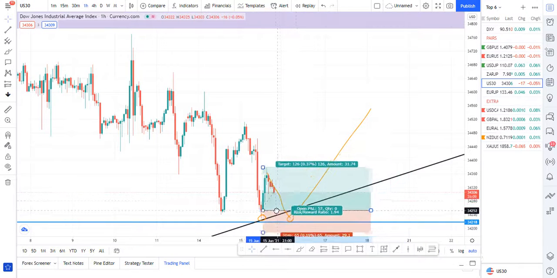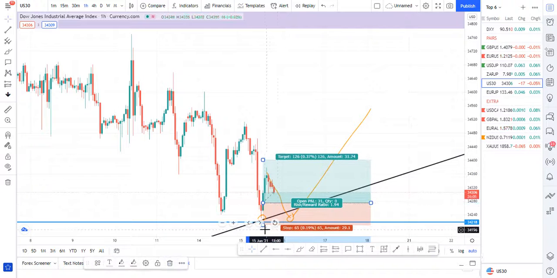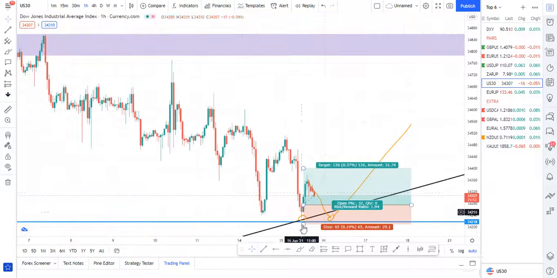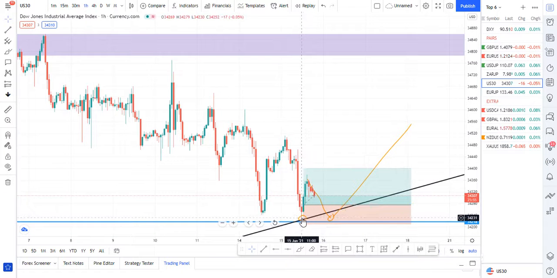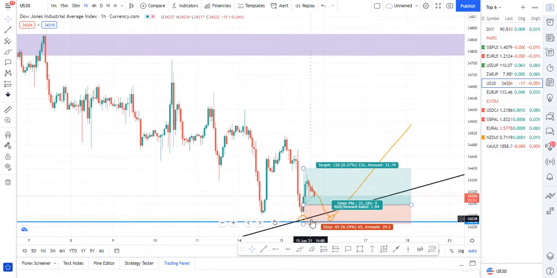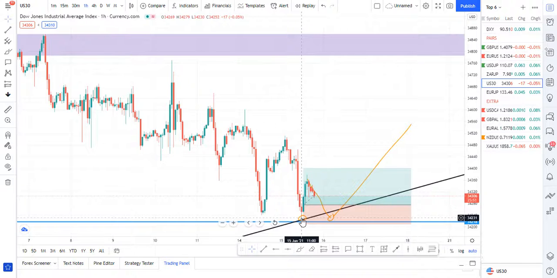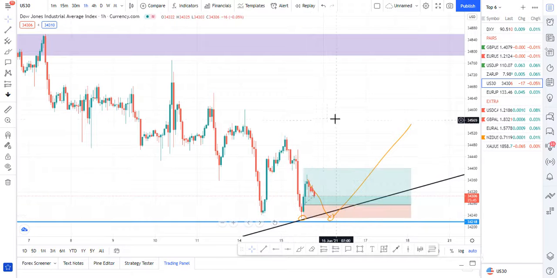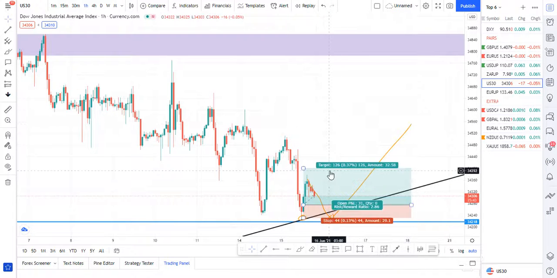I would have been able to enter here and leave a bit of space here. You see how much space I've left here below the wick. So you must leave some sort of space when the wick is like this, because it just might do the same thing, right? And if you had put it here on the wick, it might do the same thing, hit your wick. Then after hitting your wick, the direction goes your way, right?